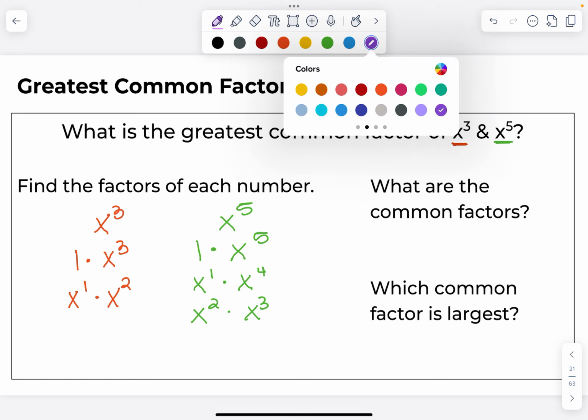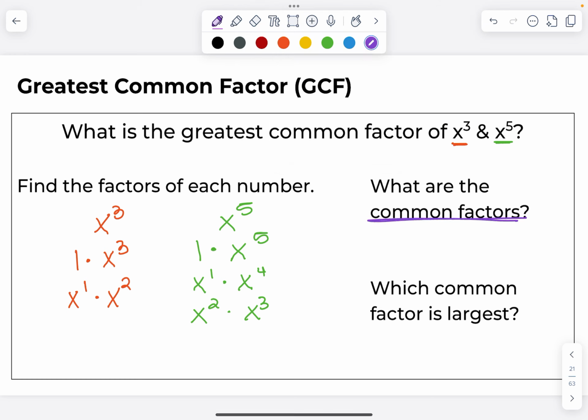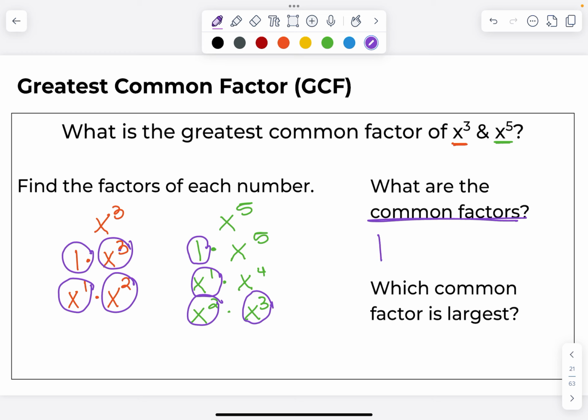Now if I think about my common factors, it's everything that these two lists have in common. They have in common a 1, an x to the 1st, an x squared, and an x cubed. Those are the list of common factors.